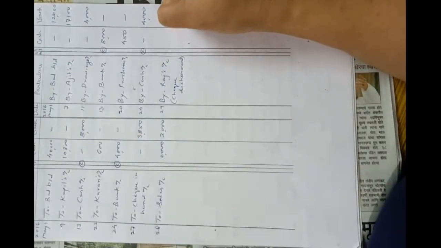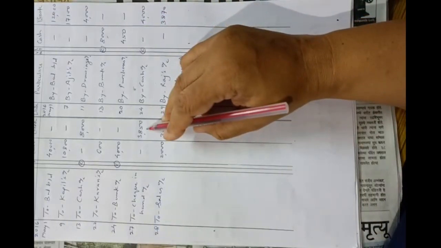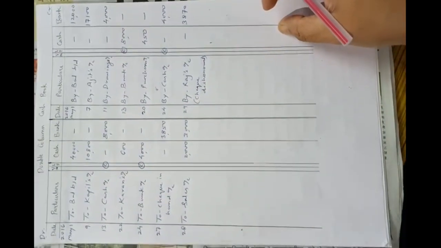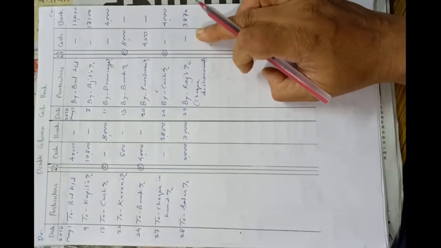So amount will be 3870, that is 3850 the amount of the check which is dishonored, and plus 20 rupees charged by the bank. We will charge them on Raj obviously, so we will show that amount is receivable from Raj because check has been dishonored by him.